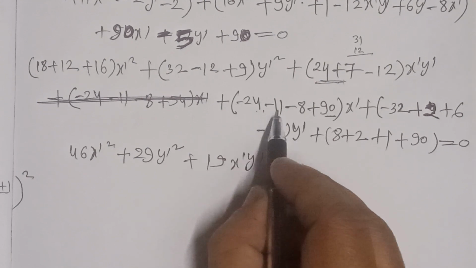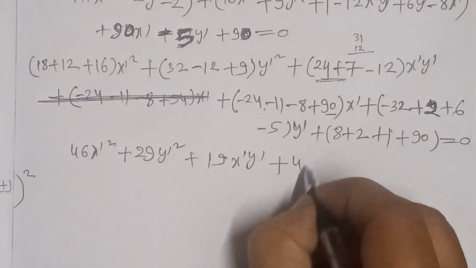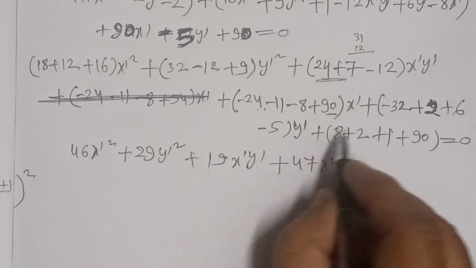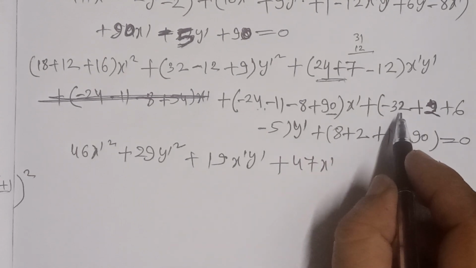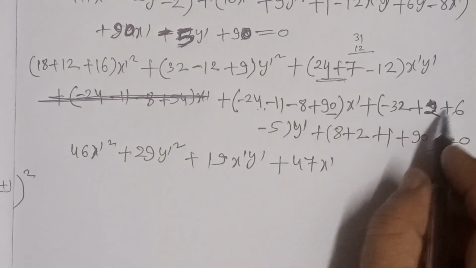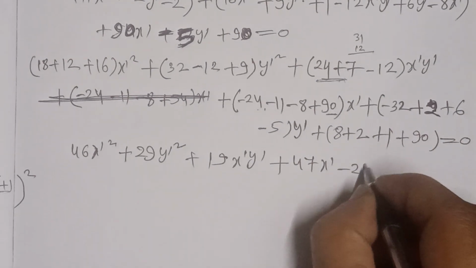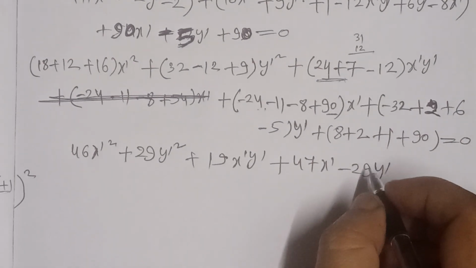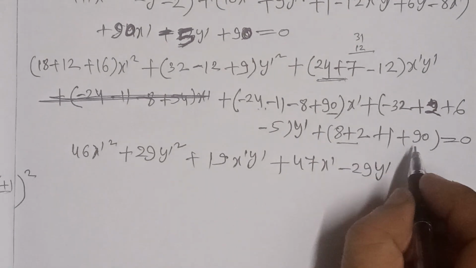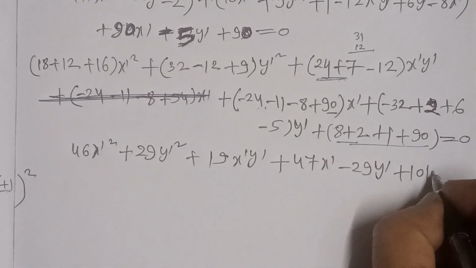On solving, we get the coefficient of x equal to plus 47, and the coefficient of y is, on solving, we get minus 29 y dash, and adding these terms we get 101 equal to 0.